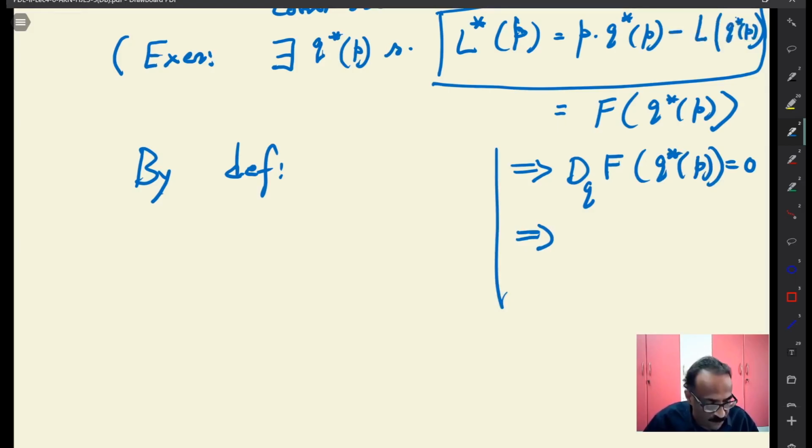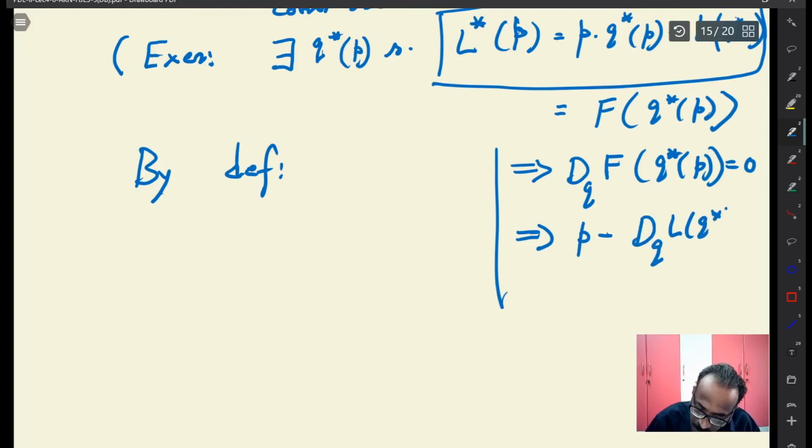So this has to be 0. That implies P minus the derivative in q of L at Q star is equal to 0. You see, you have that.